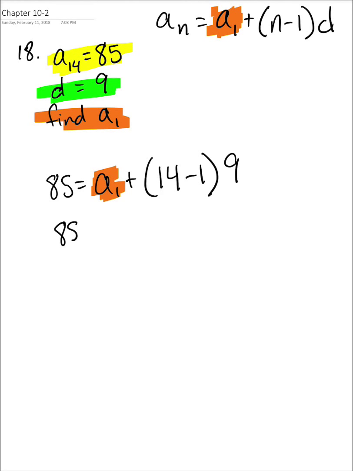So I have 85, and this is all simple algebra here, so not too much to look at. So that's what, 118 minus 9? Oops, that's not right. That's going to be 127.